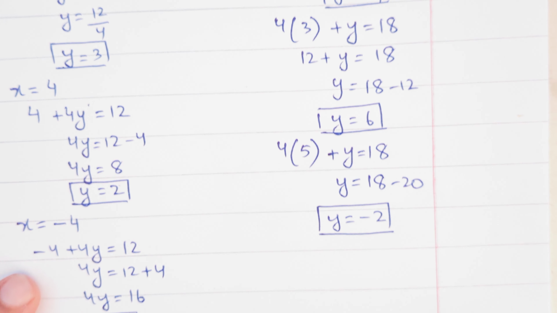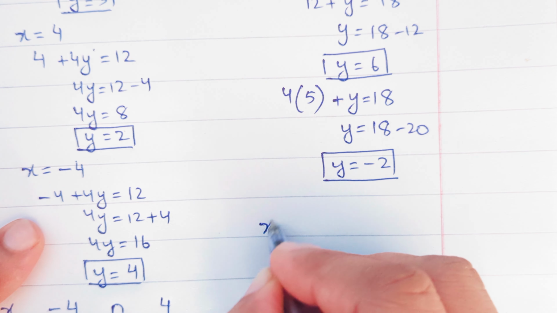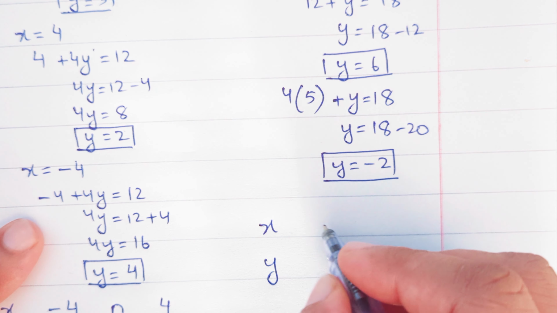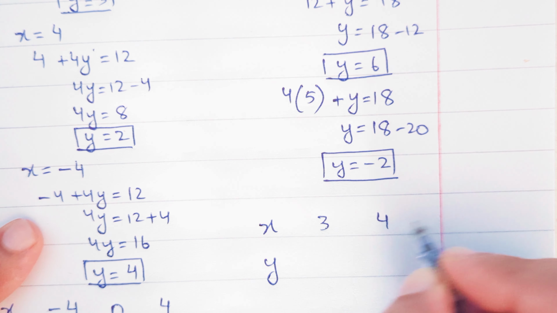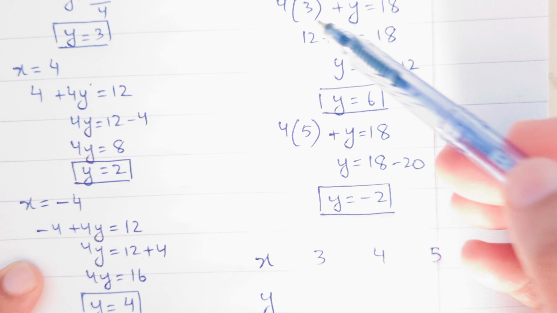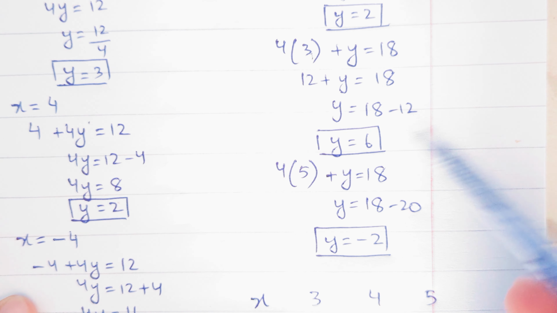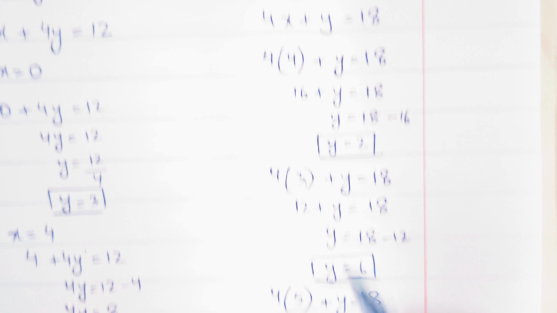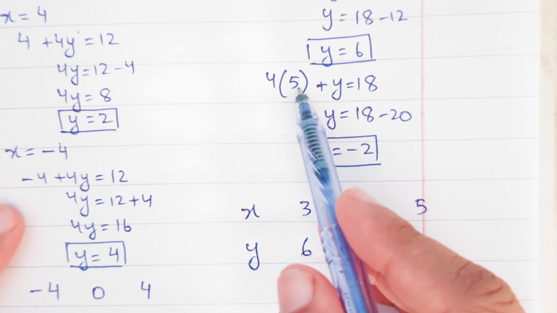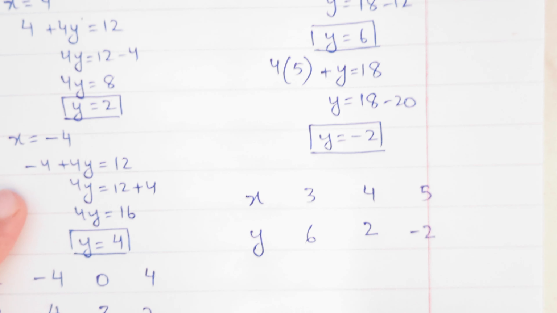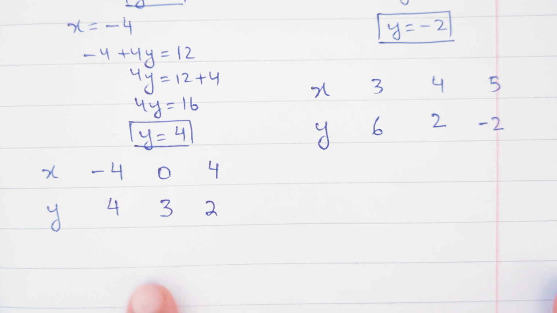So let's make a table for the values of x and y here as well. We have taken the values of x as 3, 4, 5. When we took 3, we got 6. When we took 4, we got 2. When we took 5, we got -2. So these are the values we are having for the two equations.